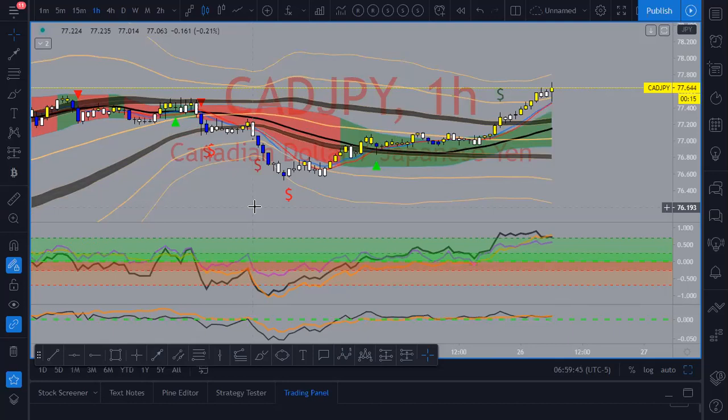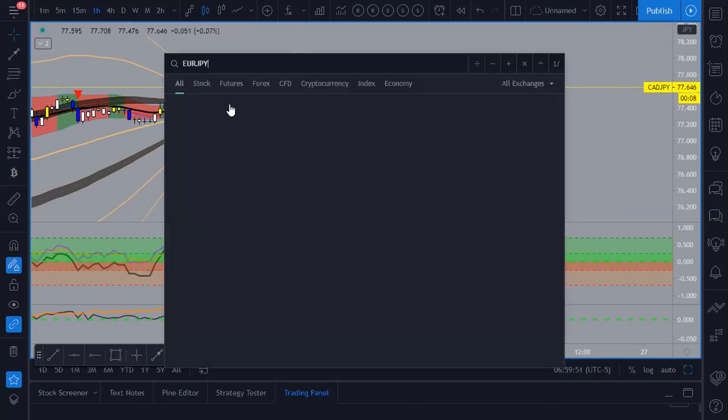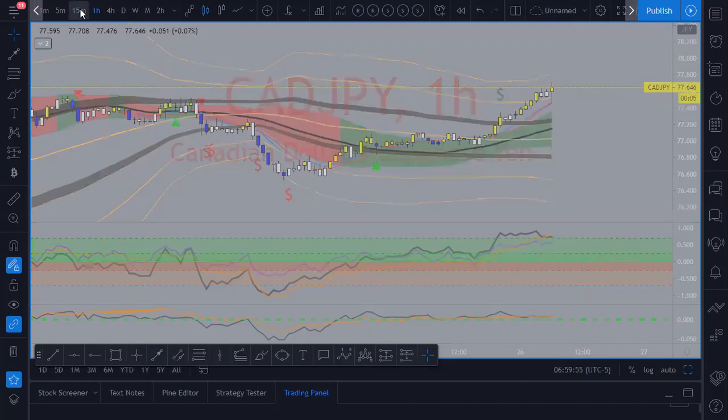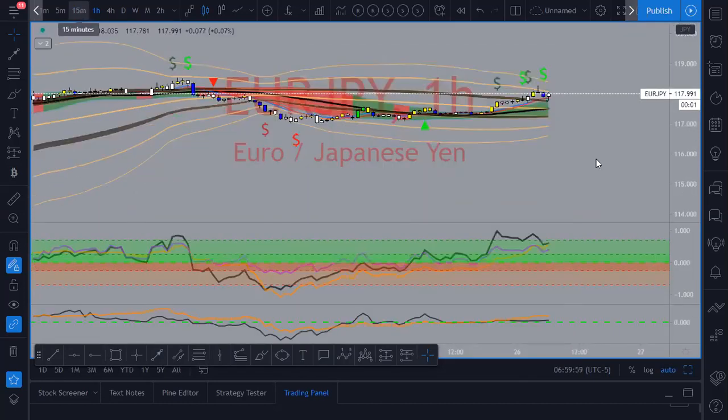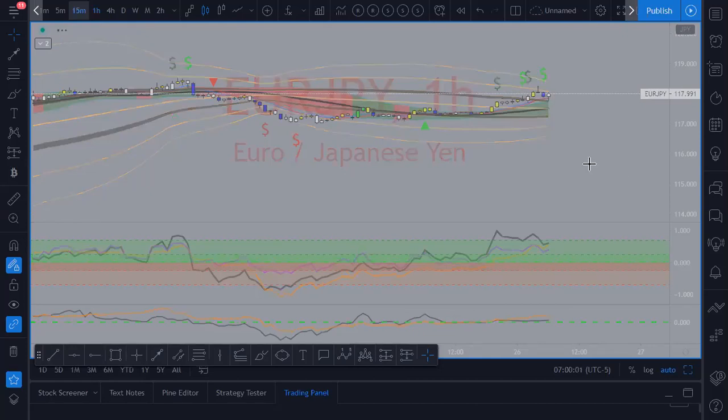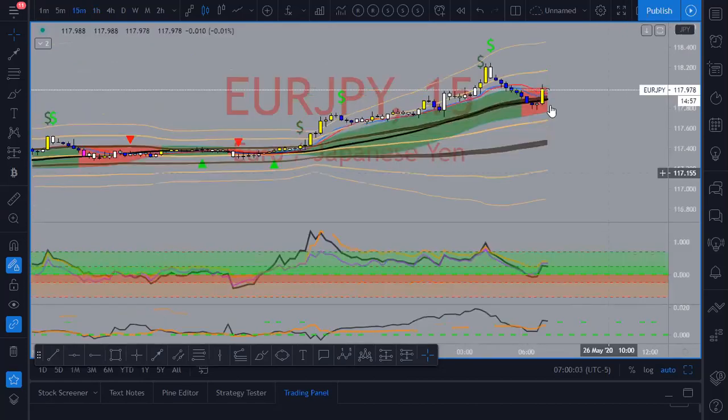Let's see what else. What else do we have? I want to really give you guys Euro JPY, that sell. I'm glad I gave it to you guys, but I'm not even too sure if it's going to sell, just based off of what the Japanese yen is doing. Yeah, you see, it doesn't even look like it's going to sell.